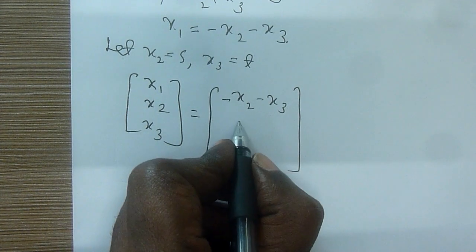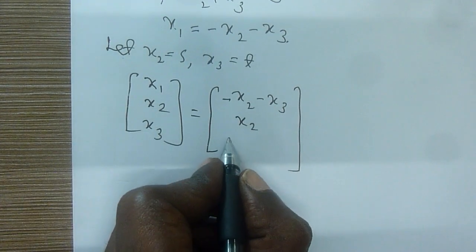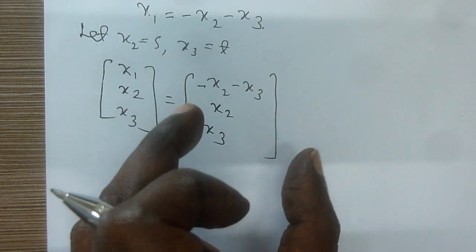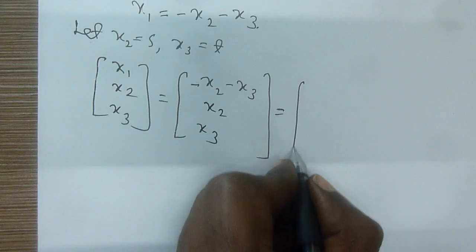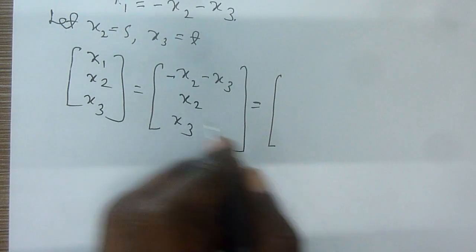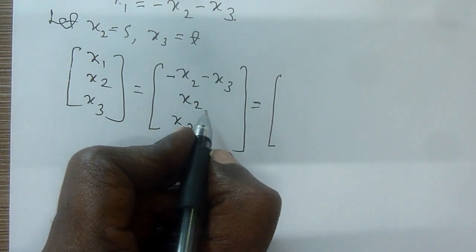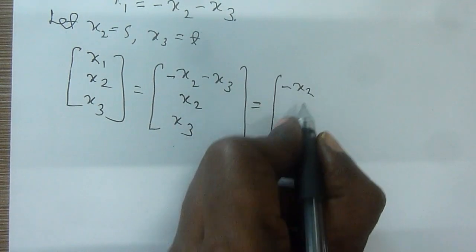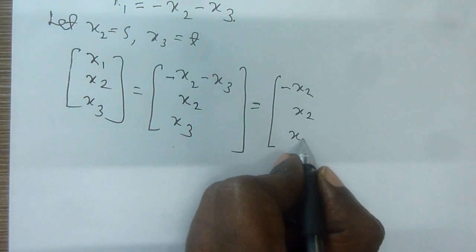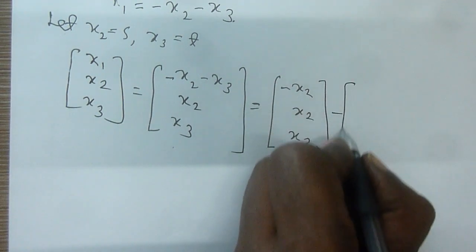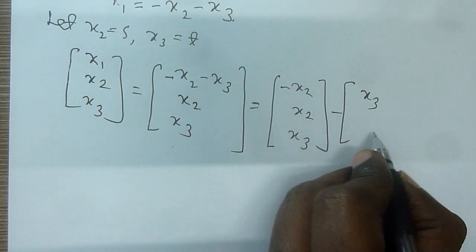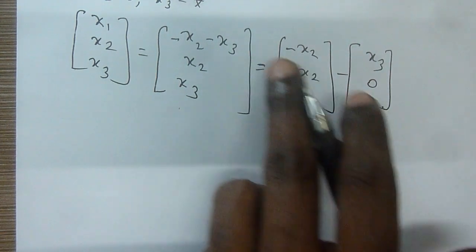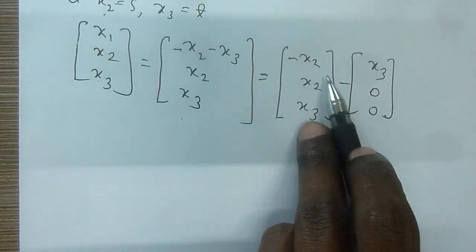Okay, x2 is x2, no problem, x3 is x3, right? Now you see I split this portion. I will have all one, and another portion, negative x2, x3, minus x3, 0 0.